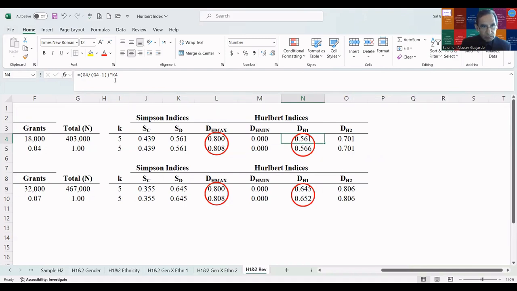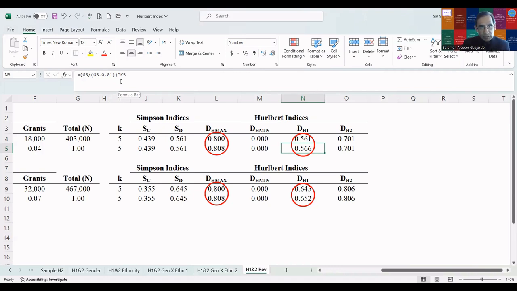If I use frequencies, that's going to be, again, total revenue divided by total revenue minus 1. So it's going to be G4 divided by G4 minus 1 times the Simpson diversity score of 0.561. So when I use the frequencies, that gives me a Hurlbert diversity score of 0.561.